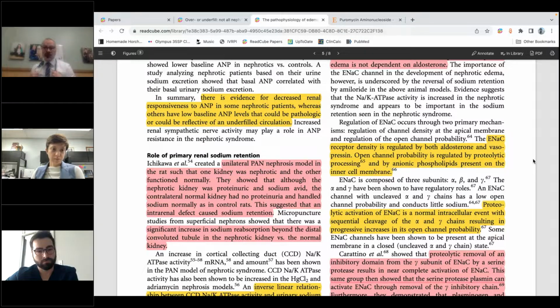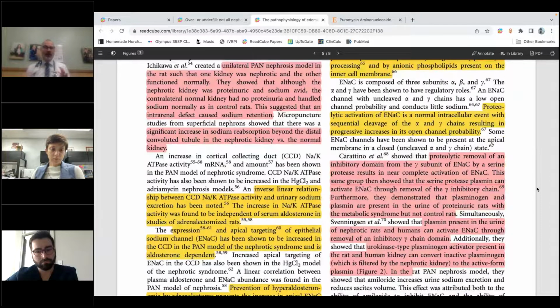And what's been shown is that that activation is a normal process that happens inside the cell, and that's how we have active ENaC channels. But when we have other enzymes that might activate those ENaCs, we can have those receptors that might normally have been present in a closed fashion become open.